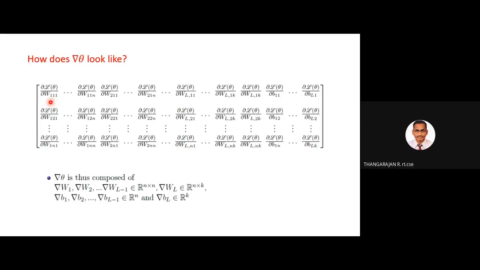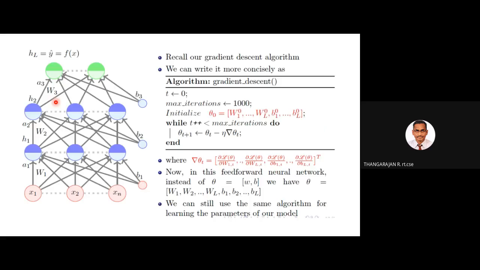Delta W of 111 means the connection, if you take this as the first layer, between the first input and the first activation output. So 1, 1 refers to this, and the first index refers to the layer. In short we call it W111.